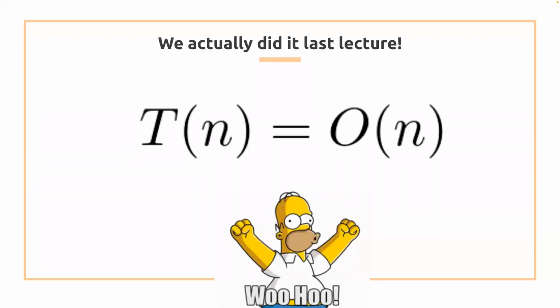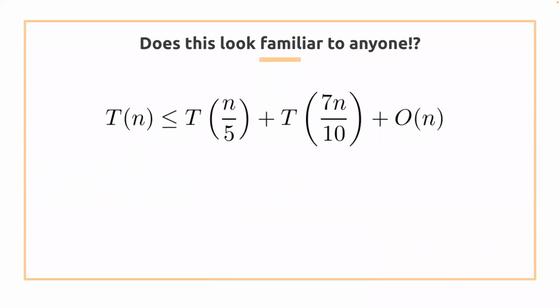An intuitive way to think about why it's O of n is that you're calling yourself on two sections of the array. There might be some overlap in the numbers you call yourself on, right? But at most, this is T of 9n/10 plus O of n.